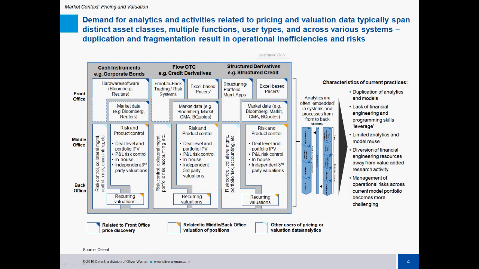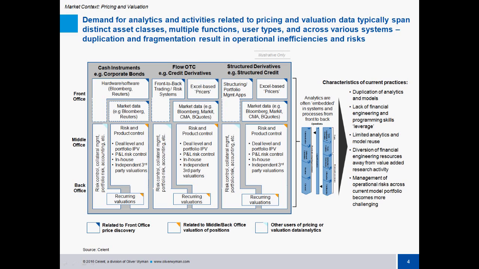This slide shows the different parts of a firm that require and use analytics and price data, as well as the functions involved. This schematic illustrates a typical setup for a fixed income and credit trading shop. Most derivatives trading desks are organized around asset classes and then further divided by geography, and typically disjointed front, middle, and back office approaches are taken.